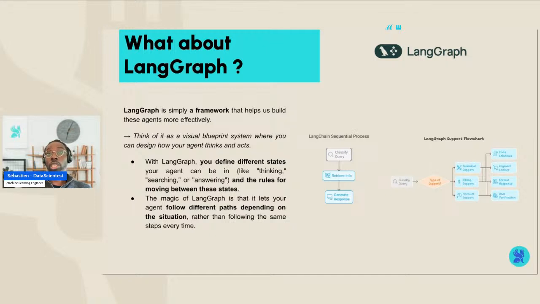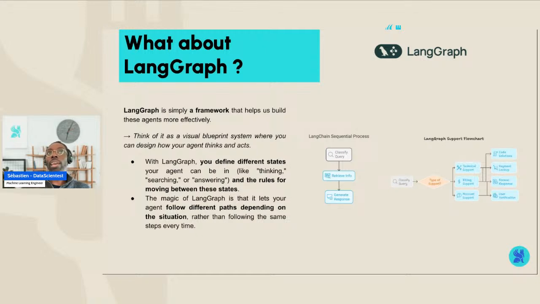Of course, in LangChain, you have some agent functions that are already pre-configured. You simply need to import them and use them right away. But LangGraph gives more flexibility and a bit more control on the flow of the way the agent is working. With LangGraph, you define different states.